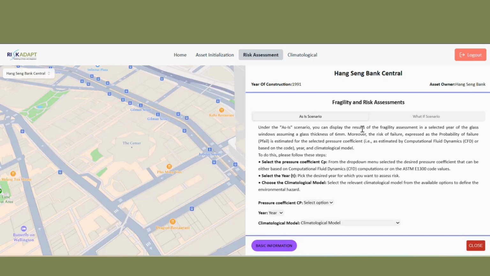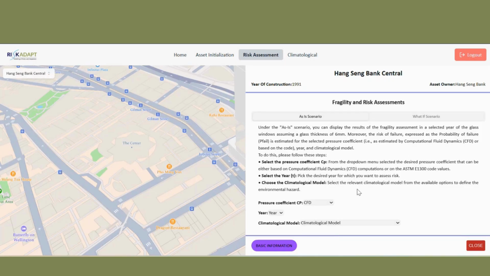But the user can estimate the risk of glass breakage based on the Cp, which is the pressure coefficient, and based on the calculations provided by the University of Hong Kong. We have two options. We have the pressure coefficients estimated by computational fluid dynamics analysis or by the code.